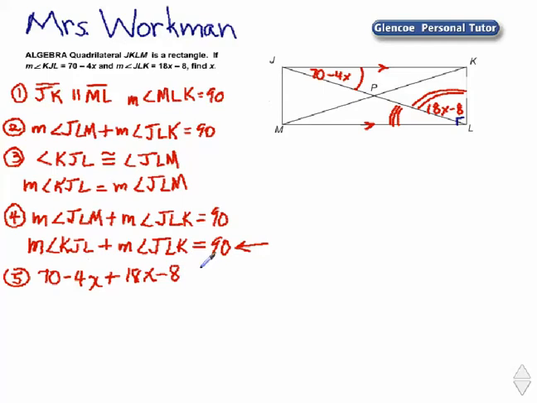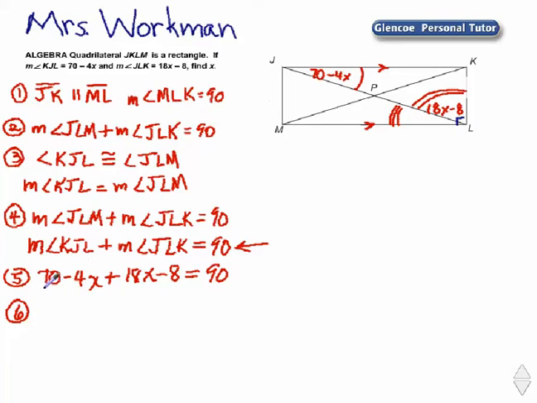So I made that substitution, and that is equal to 90. All of the steps we've done through here have been based on geometry definitions and theorems. At this point now, we're going to be using some algebra to solve this equation for x.